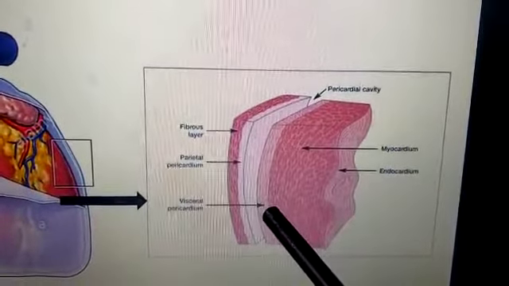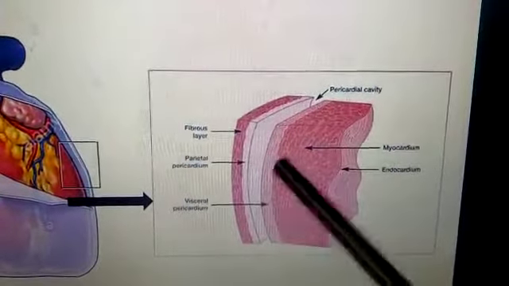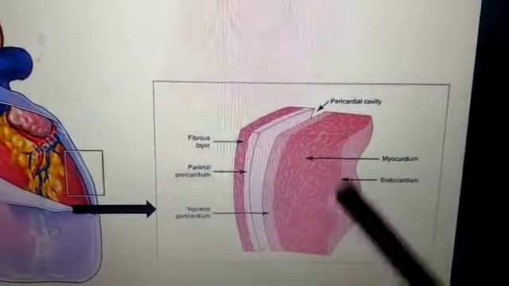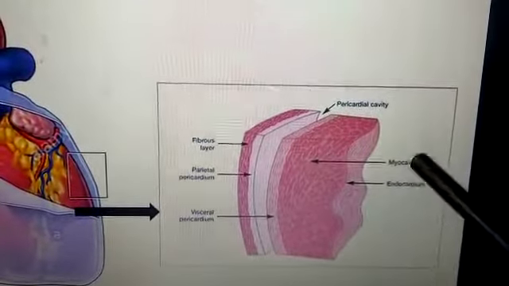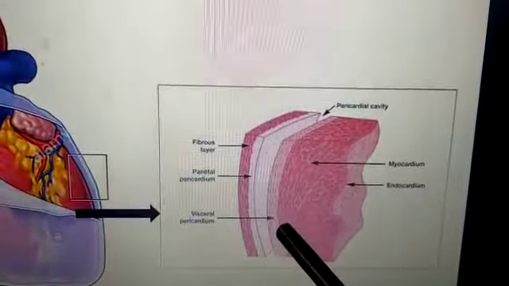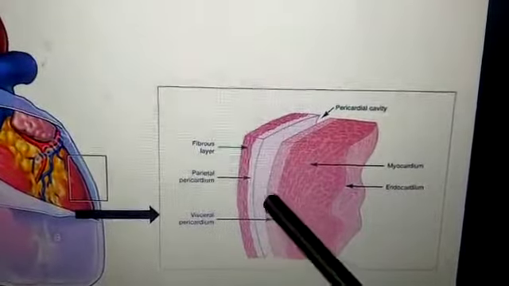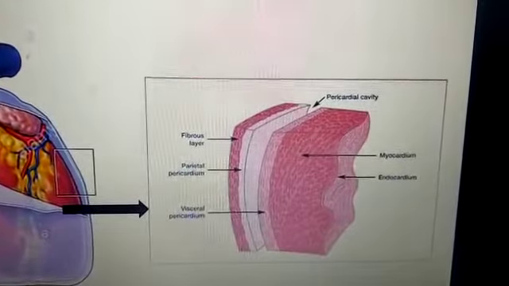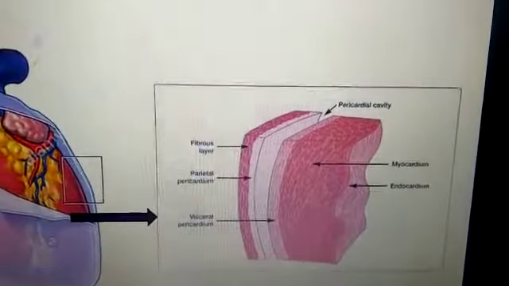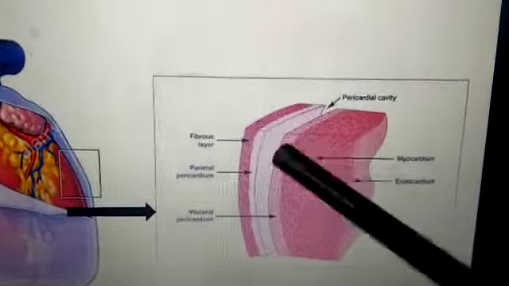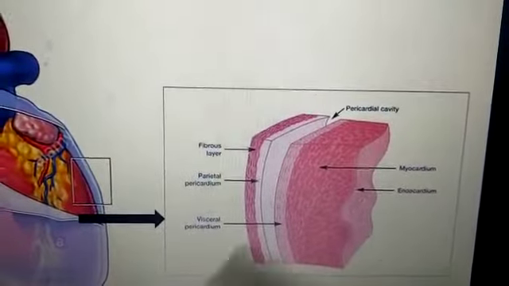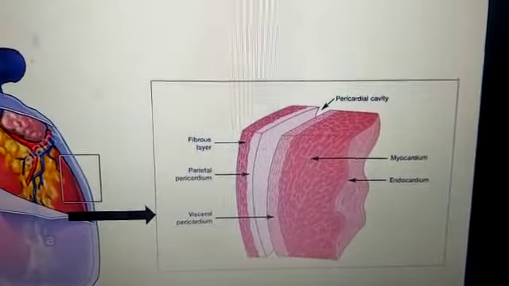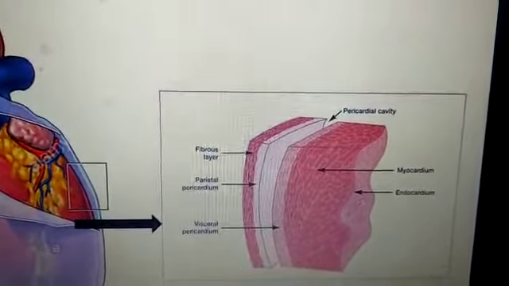Now, immediately near the visceral pericardium, there are the layers of heart wall. Heart wall has three layers: epicardium, myocardium, and endocardium. Here you cannot see epicardium, it is not labeled here, but epicardium and endocardium are epithelial layers made up of single flat squamous epithelium, and this middle layer or myocardium is made up of cardiac muscles, specialized muscles which have ability to contract and relax.